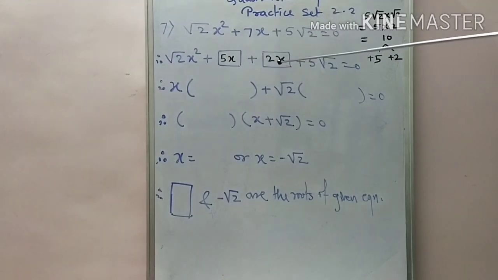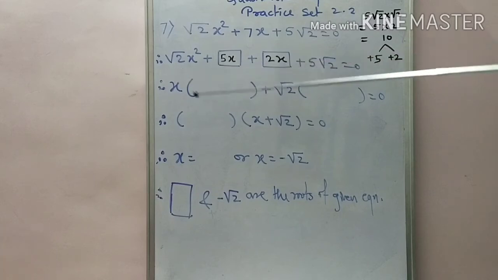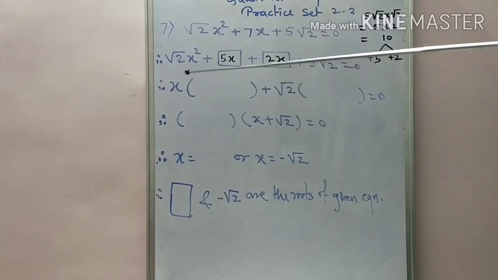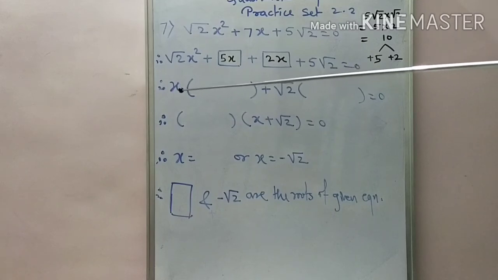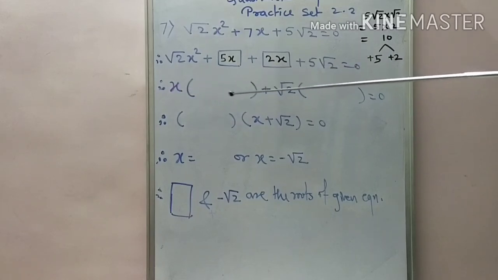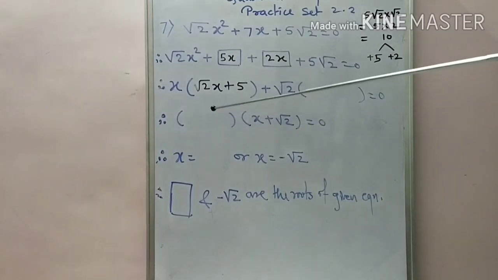Now according to the groups, we take the common factor. Here we notice that x is a common factor, so the remaining terms we write in the first bracket. Try to write the remaining terms, students. Understood this?